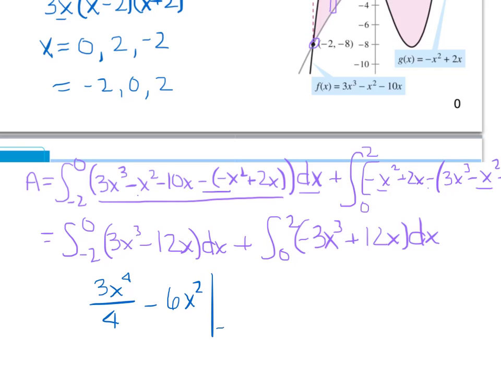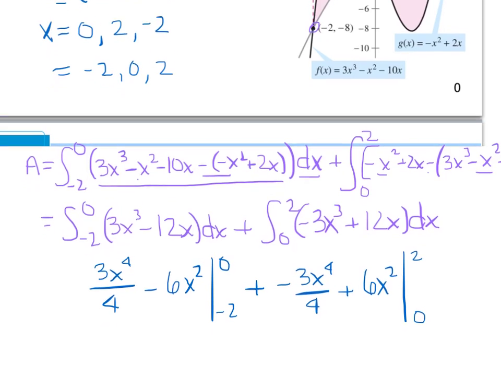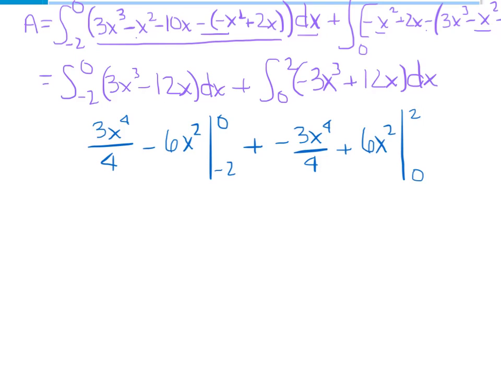This is going to be evaluated from -2 to 0, and then I'm going to take that and add it to a -3x to the 4th divided by 4 plus 6x squared, and this is going to be evaluated from 0 to 2.